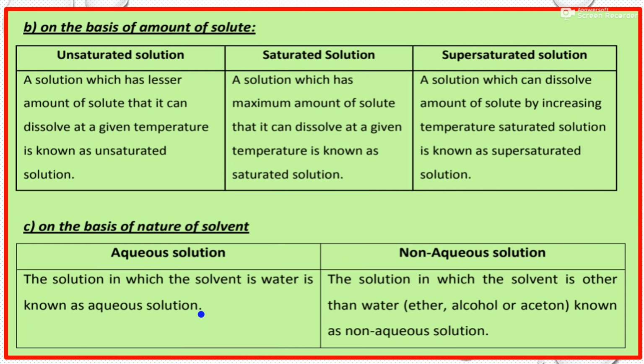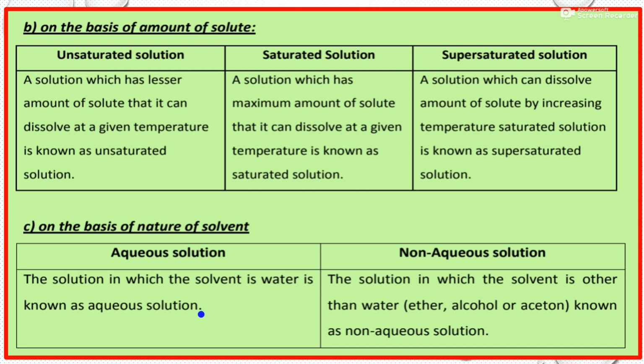Now, on the basis of amount of solute, we can categorize solutions into three categories. First is the unsaturated solution, a solution which has a lesser amount of solute than it can dissolve at a given temperature. That means how much solute a solvent can dissolve at a given temperature. If it has a lesser amount of solute, we can add more solute to the solvent.